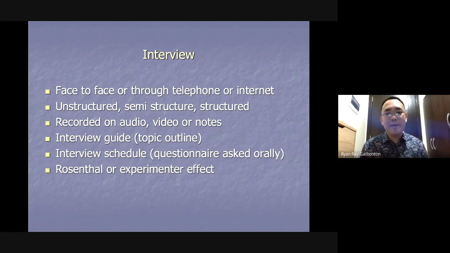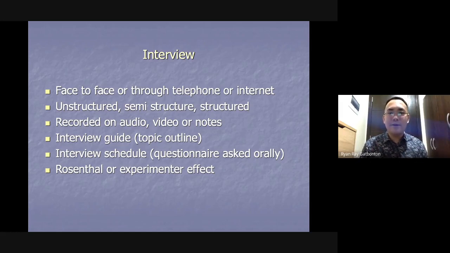Now, it will be helpful to record your interview by audio, because you need to transcribe it so that you can analyze it qualitatively. It can be recorded in audio or via video. Video is better than audio recording.